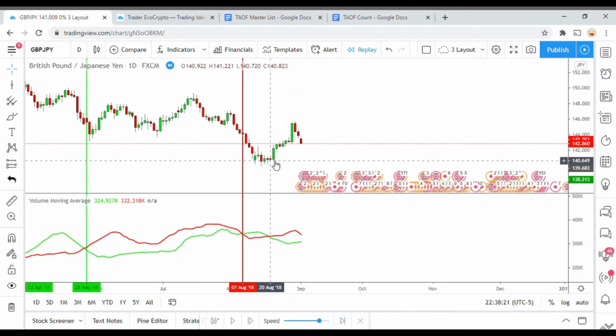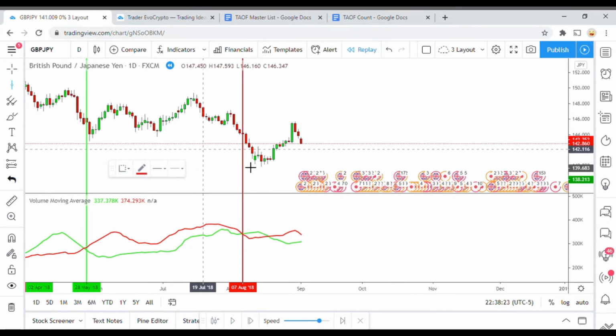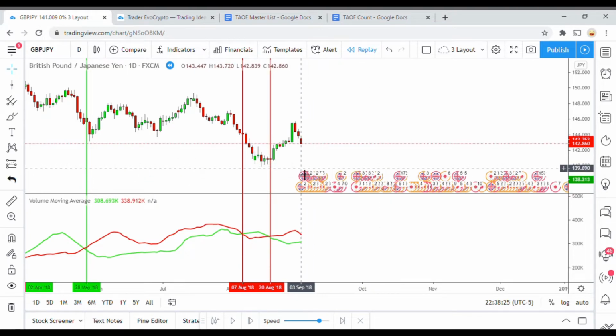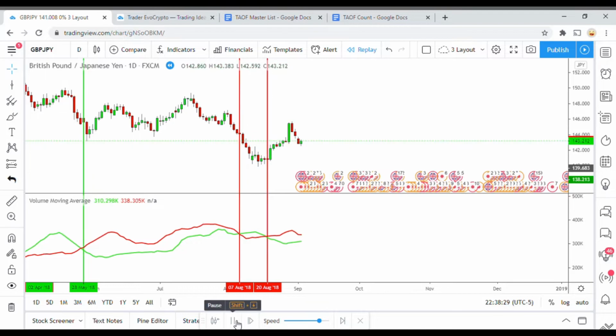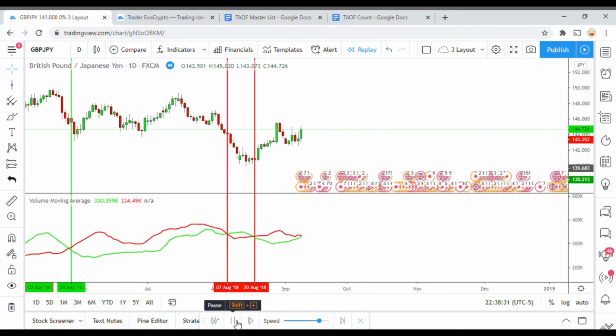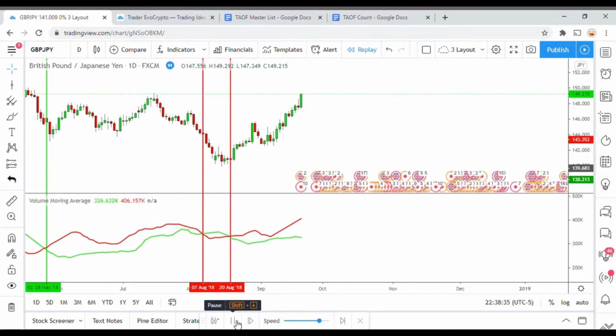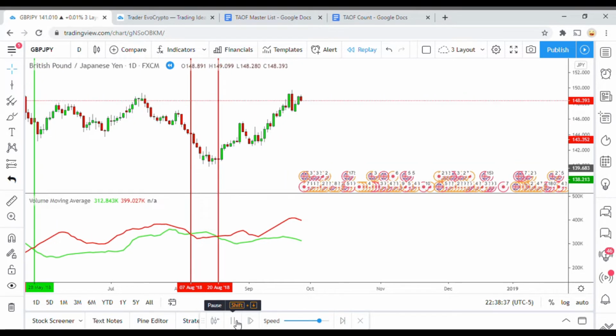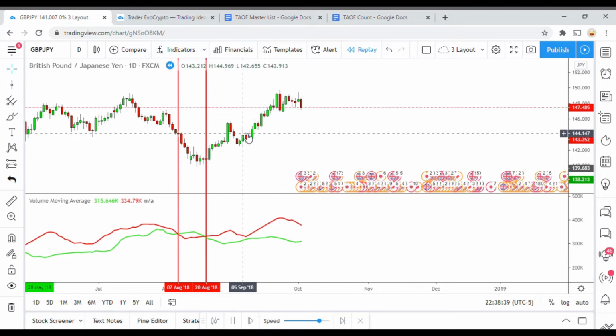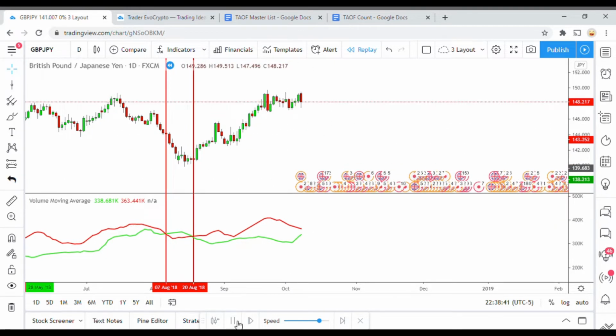And we pick up a sell signal over here. Again, didn't work out for us. We are oddly enough still in the sell position right now.